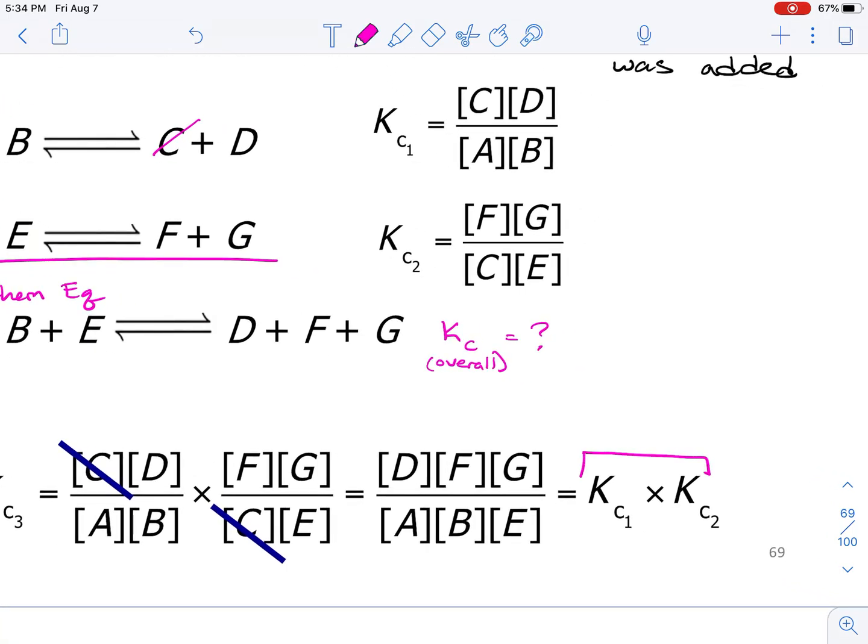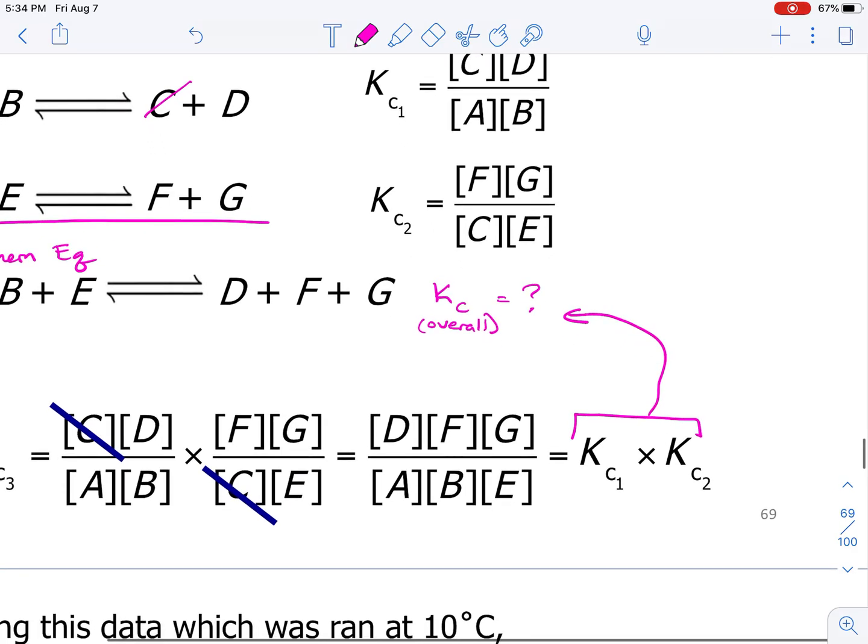And so the product of the individual, oh, not rate constants, why am I saying that?